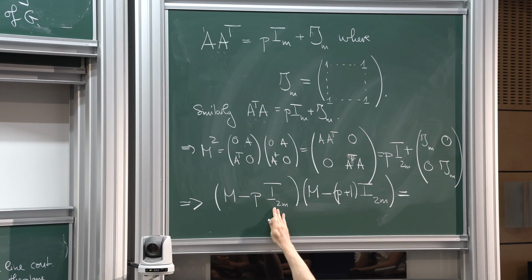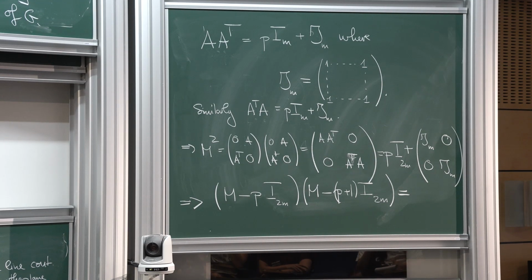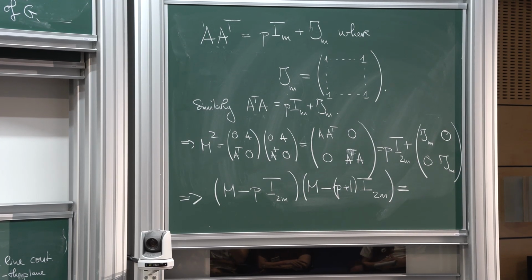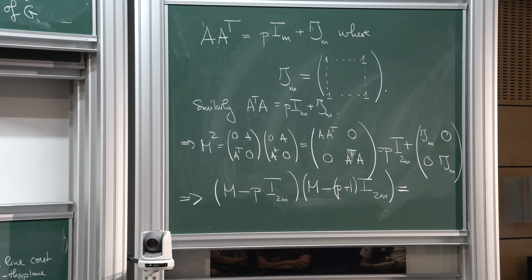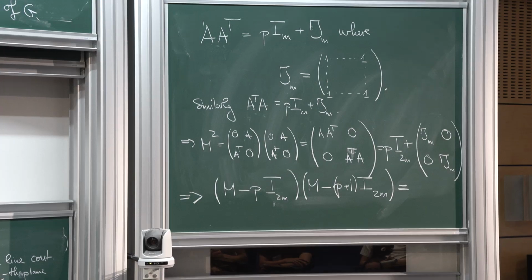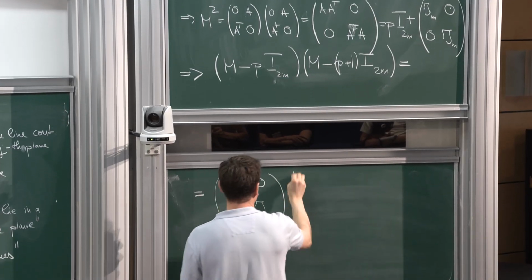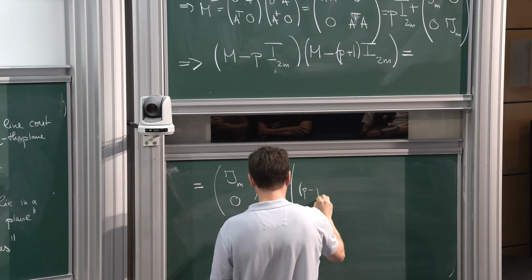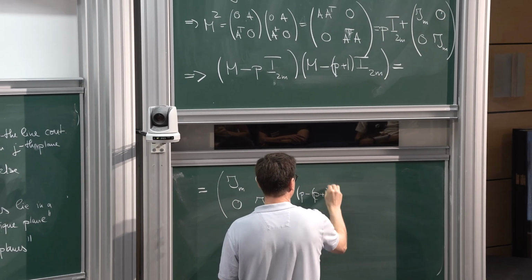If we look at this, the way M was defined, we just get, let me write it and I hope it's correct. Yeah, since M squared is this, then we subtract this, so we get this. And then for the other part, the identity matrix does not quite cancel, but we get this term.